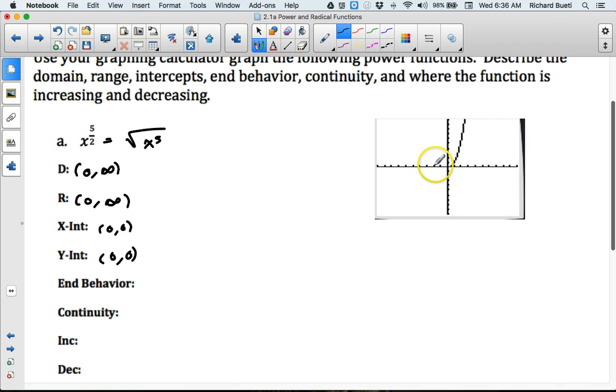We can only talk about it in terms of its right end behavior. And so I can only say that the limit as x approaches infinity of f of x is equal to positive infinity. Continuity will be the same as the domain interval, so it'll be 0 to infinity. This function is only ever increasing from 0 to infinity, and it's never decreasing.